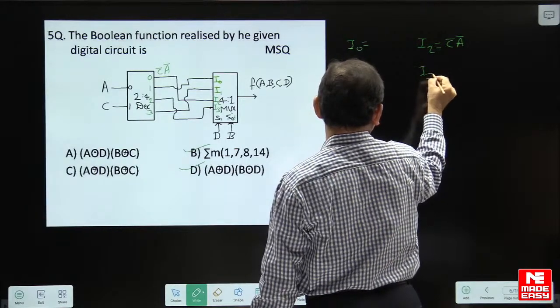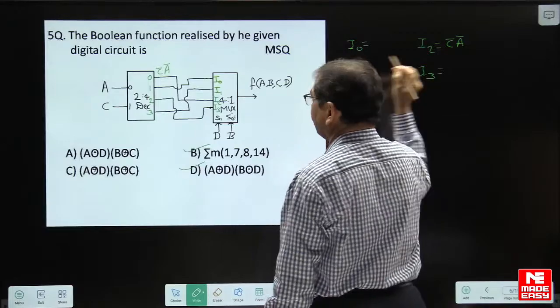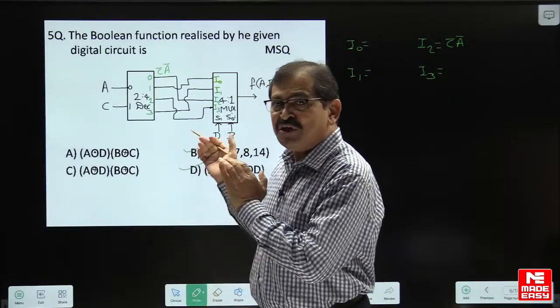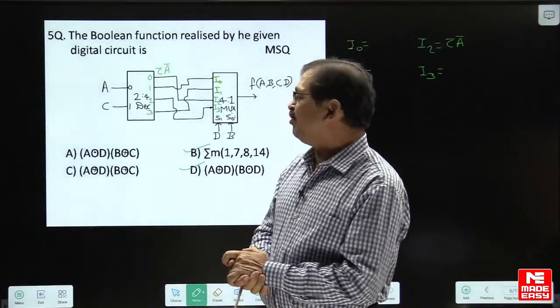For this multiplexer, we need to identify what we have as the inputs. Based on the given circuit, the multiplexer inputs come from the decoder outputs.